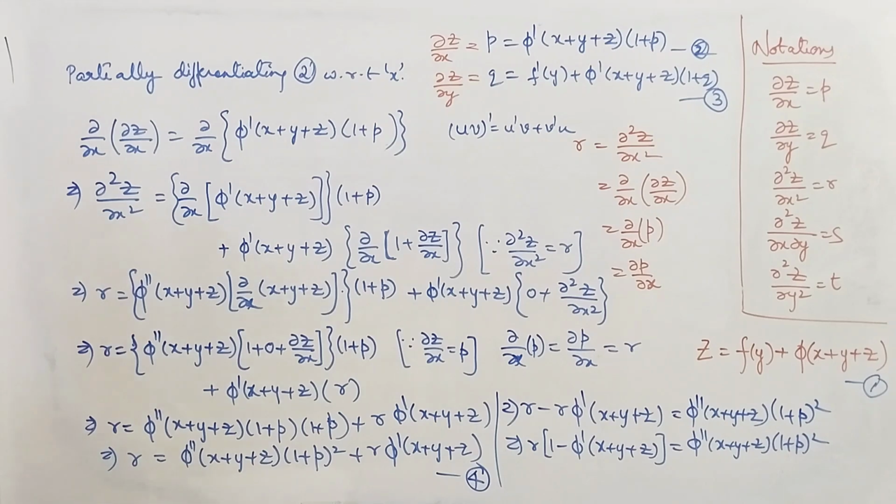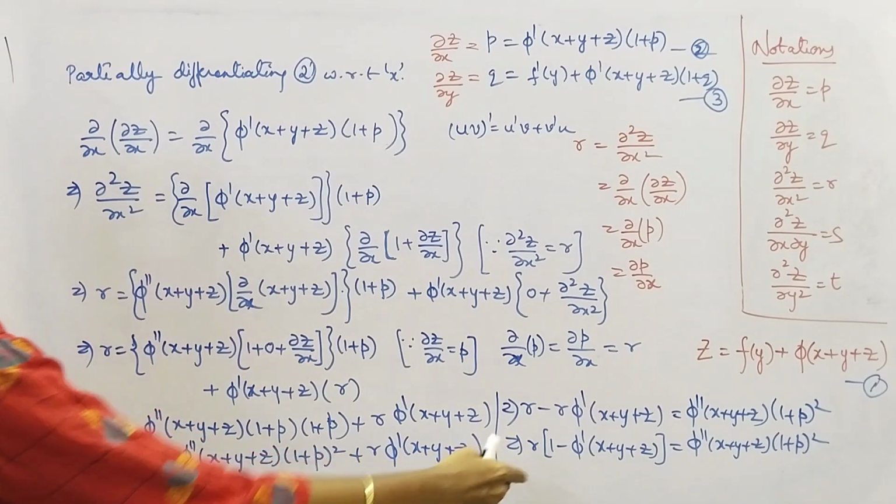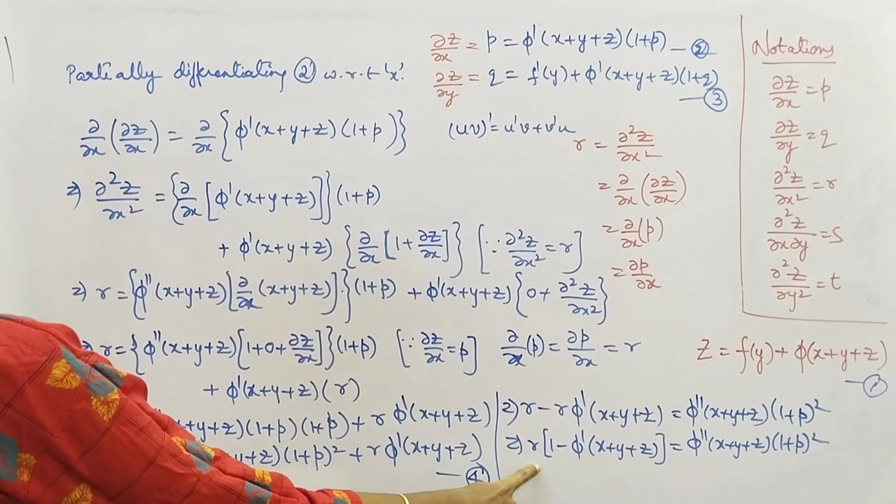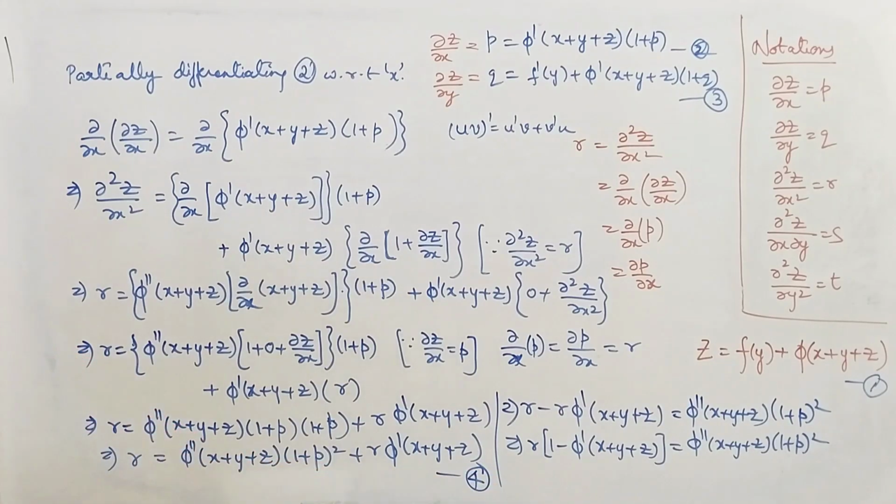Okay, if you have practiced a number of problems, then a few of you have already guessed this, right? I think if you are really good at solving these problems, you will understand why we have written this equation like this. Right? Fine. Now we'll find the equation involving t.